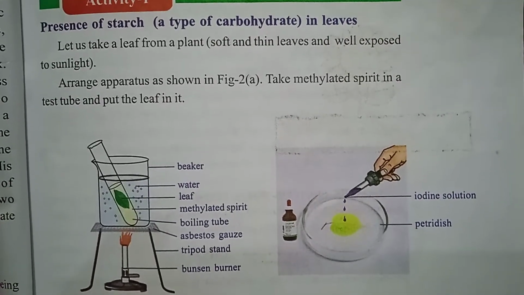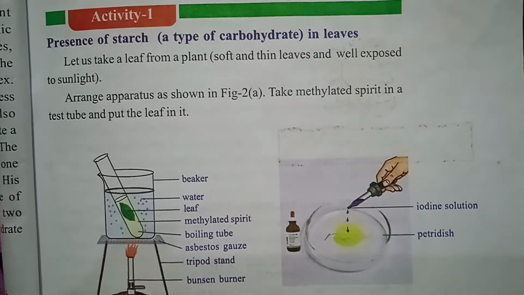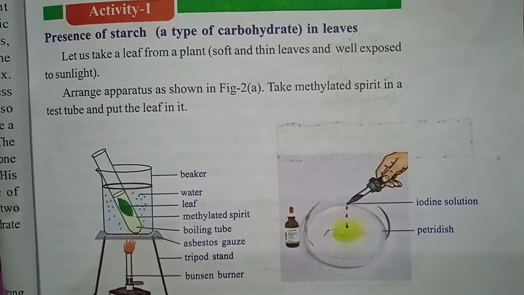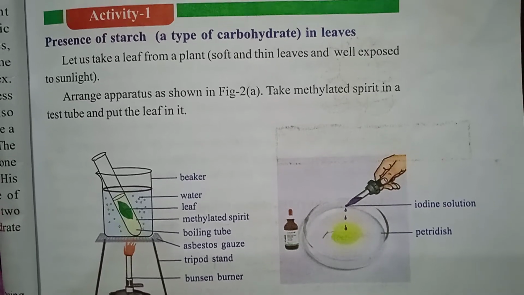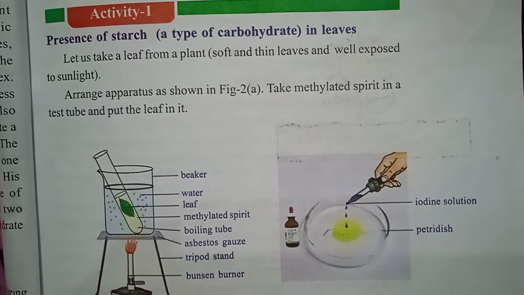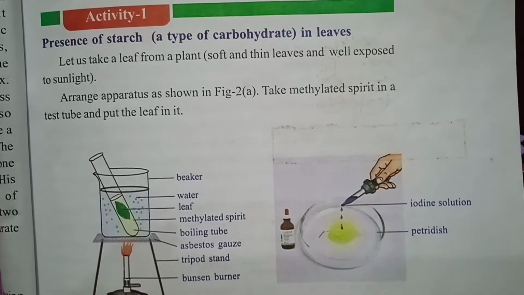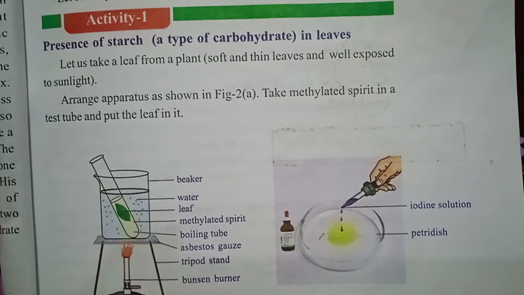So what is the observation you will find while pouring 1 or 2 drops of iodine on the pale, discolored leaf? The leaf turns bluish black, and that tells us that the leaf has starch.